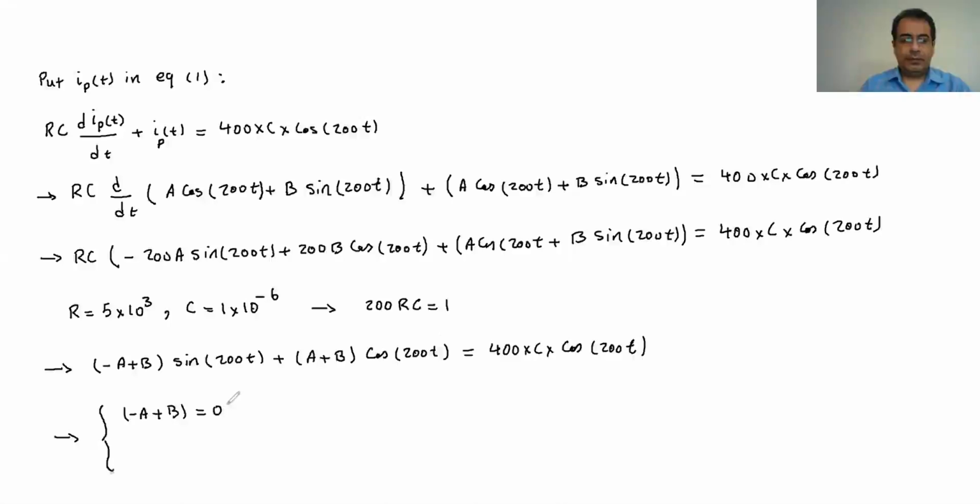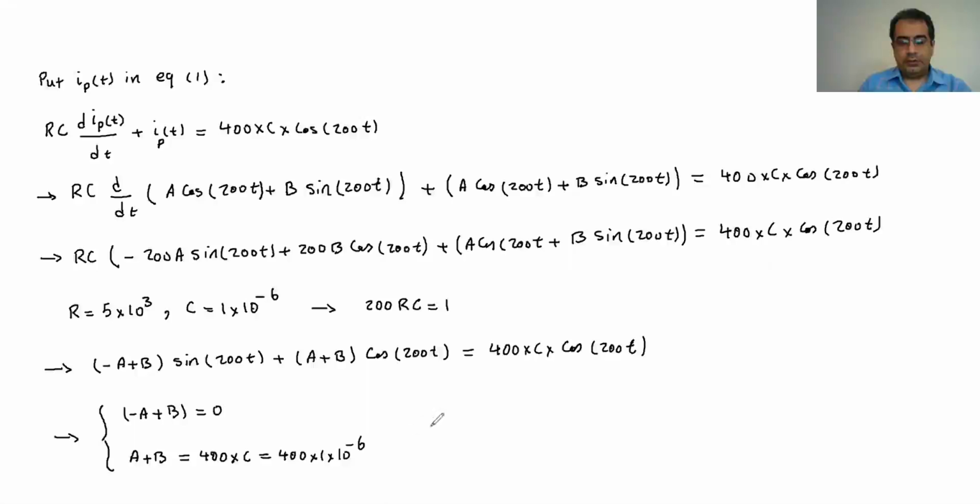So the coefficient of the cosine here, A plus B, should be equal to the coefficient of cosine on the right hand side. So it's going to be equal to 400 times C, and the C is 1 times 10 to the negative 6.